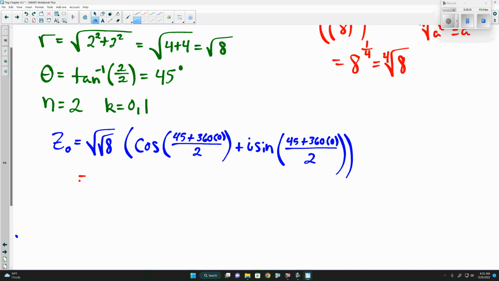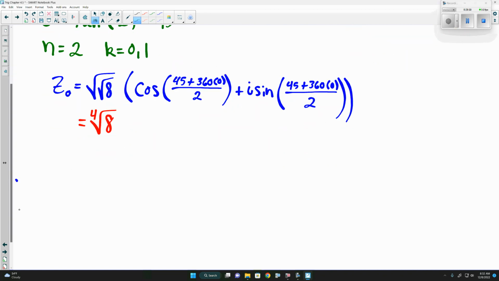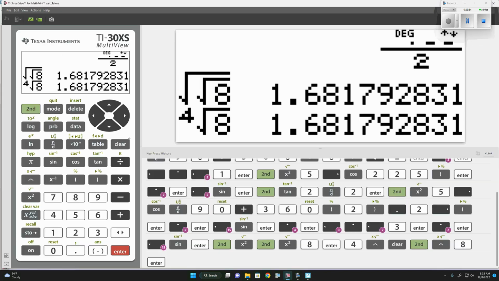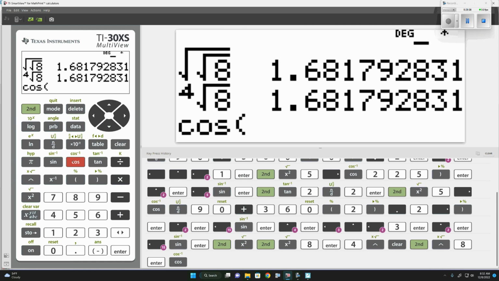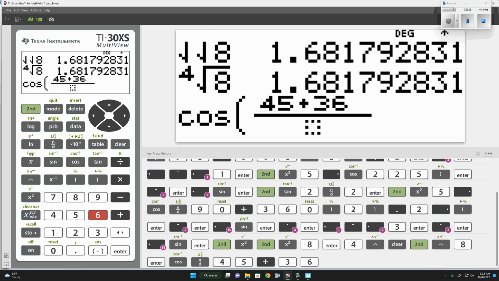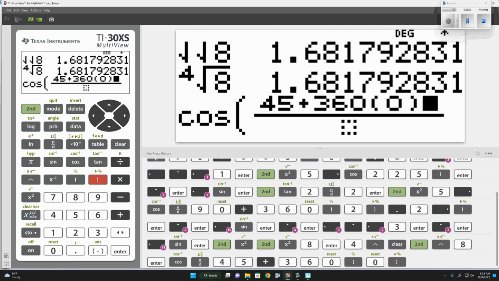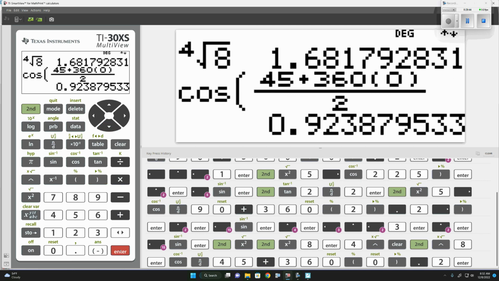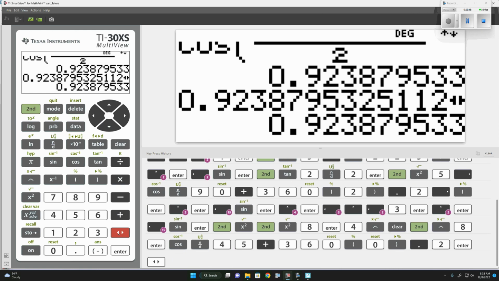So what we can say here is we have 4th root of 8. We're using a calculator, might as well continue to use said calculator. 45 plus 360 times 0 all over 2. And we get this here. See if it, nope, still not a nice number.